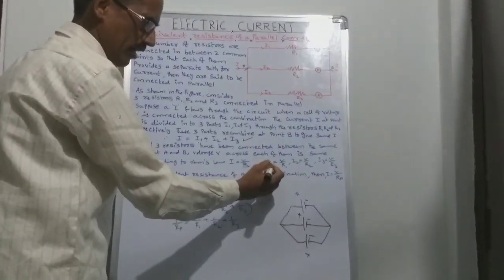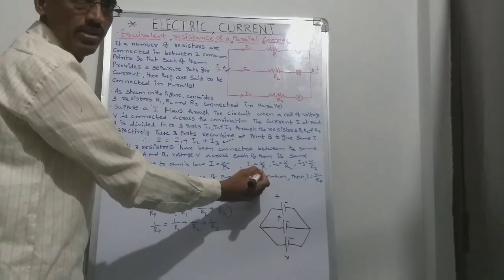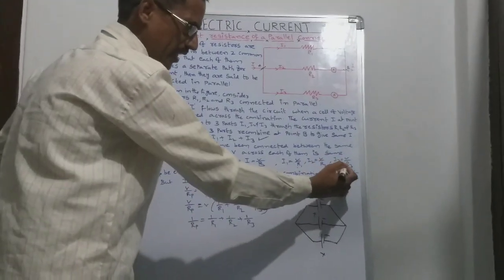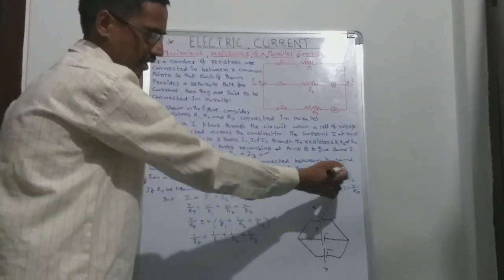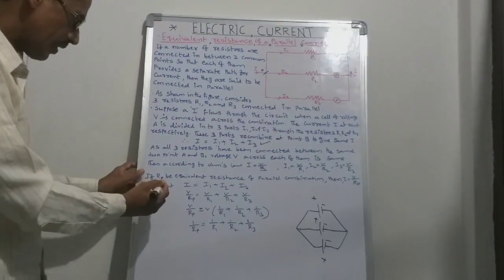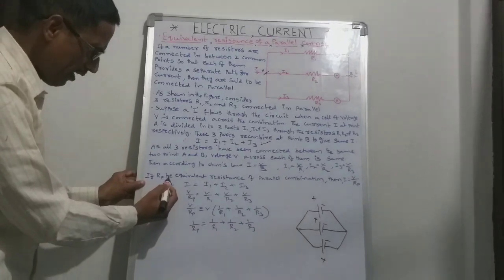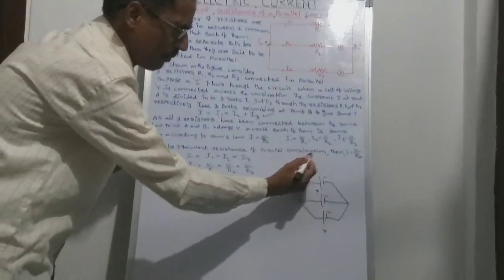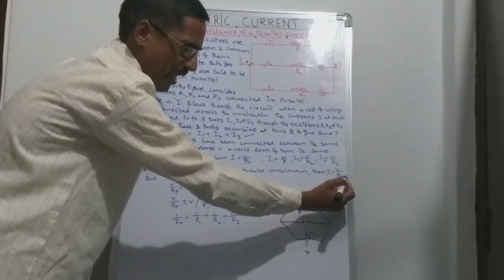Here, I1 = V/R1, I2 = V/R2, I3 = V/R3. Remember it, students. If RP is the equivalent resistance of the parallel combination, then I = V/RP.